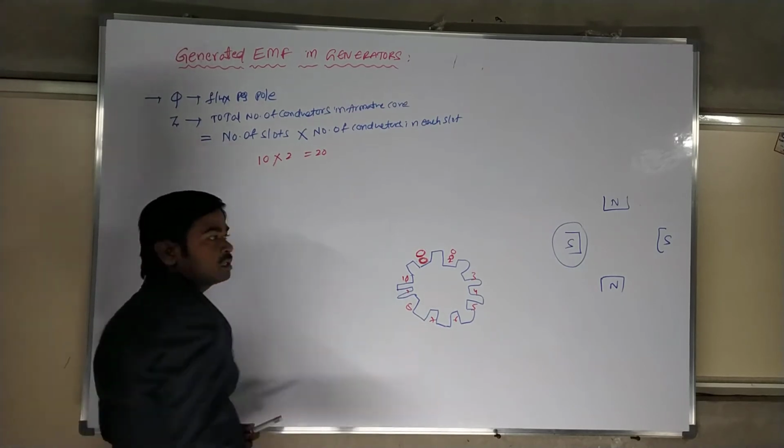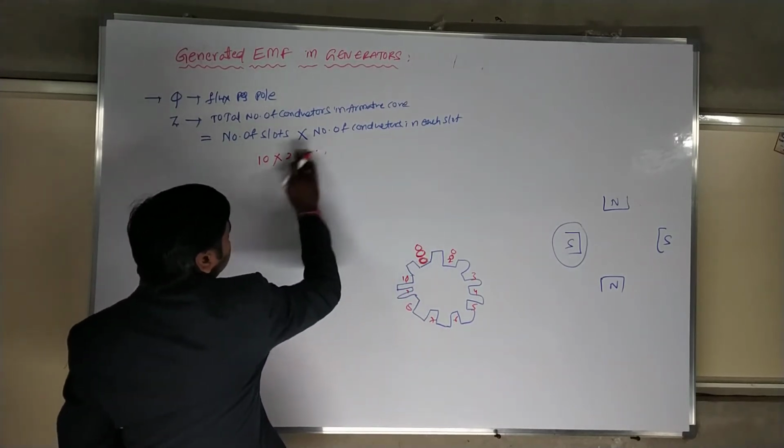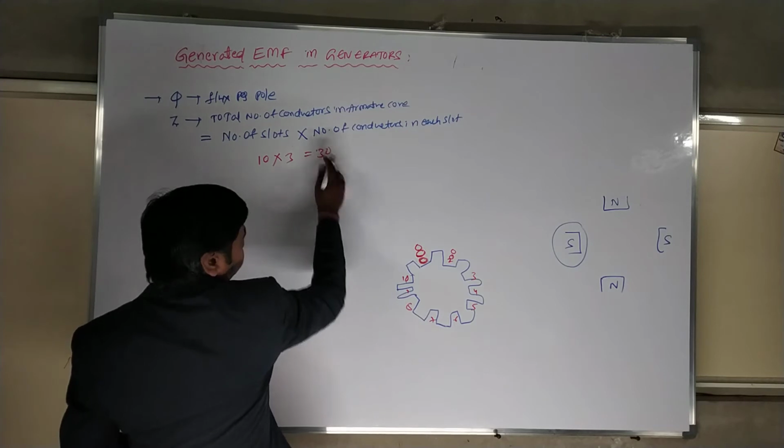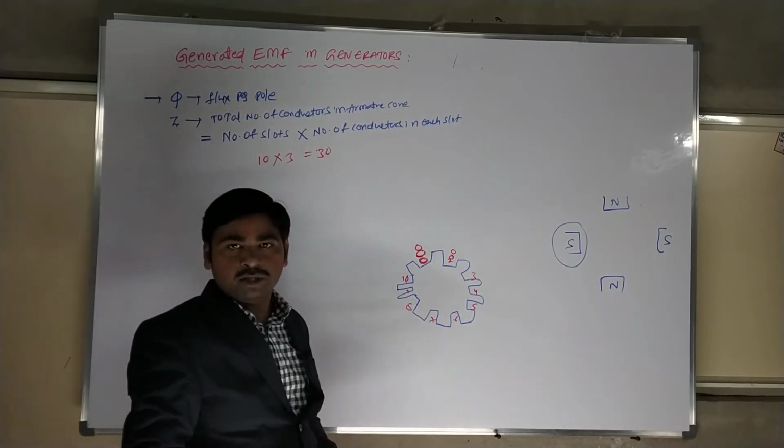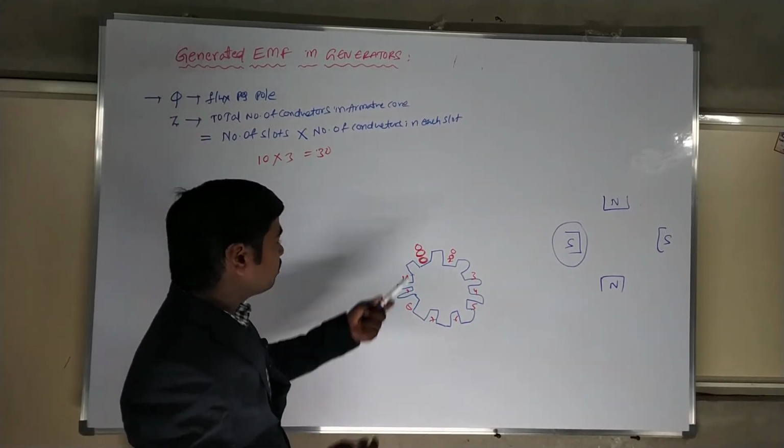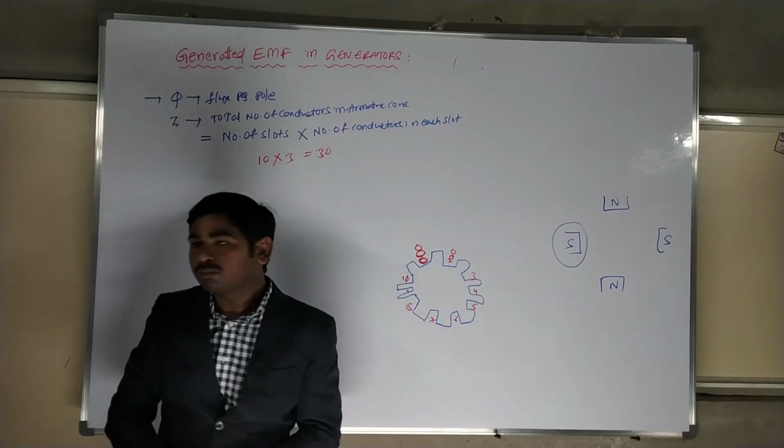If we keep 3 conductors in each slot, we get 30 conductors. So you get the total number of conductors occupied by the whole armature core.